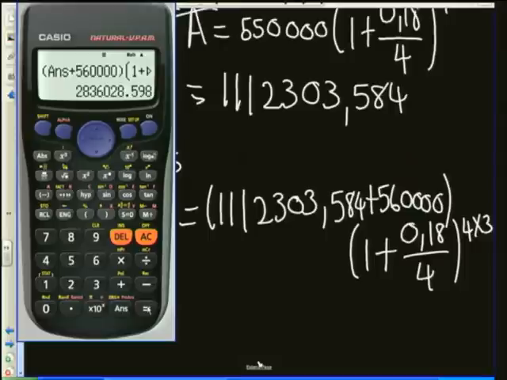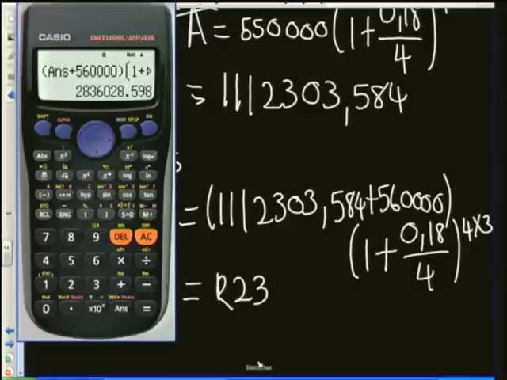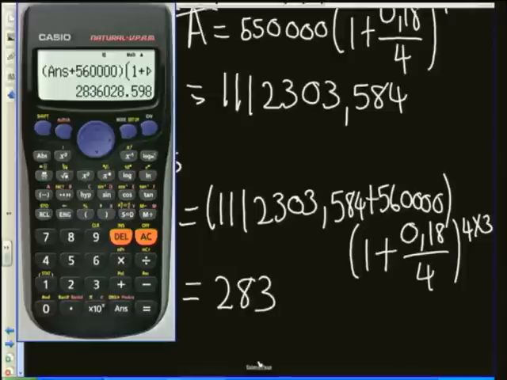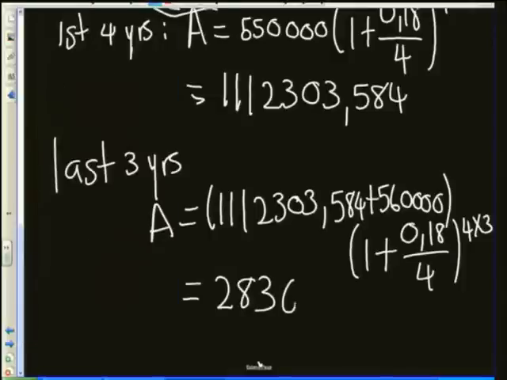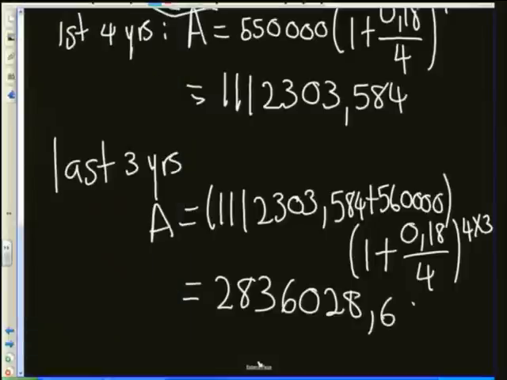So it's going to be 2,836,028.598. Let's round it off to 2 decimal places: 598 becomes 60.